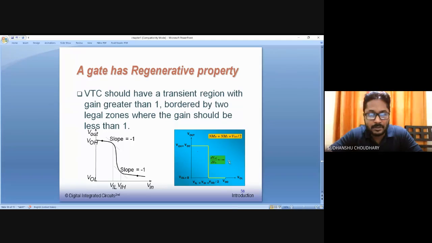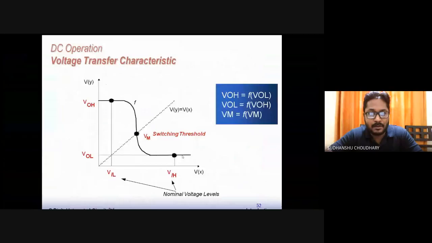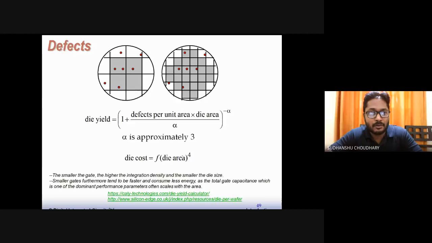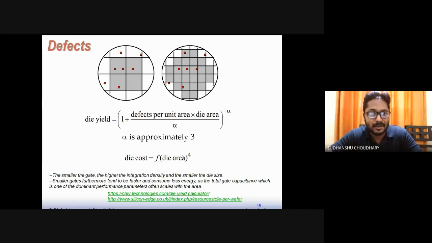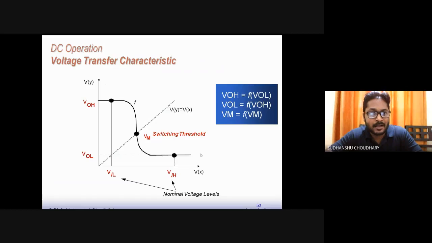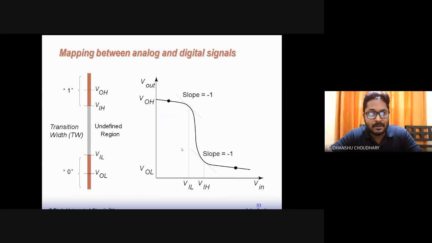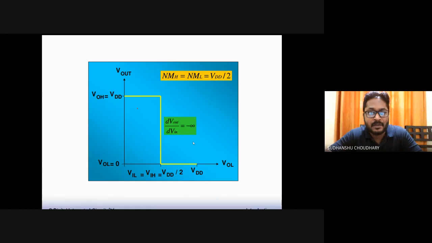So in the last lecture, we had covered the wafers and then how to calculate the die yield and defects. And then we also talked about the noise in digital ICs, the voltage transfer characteristics and noise margin calculations.